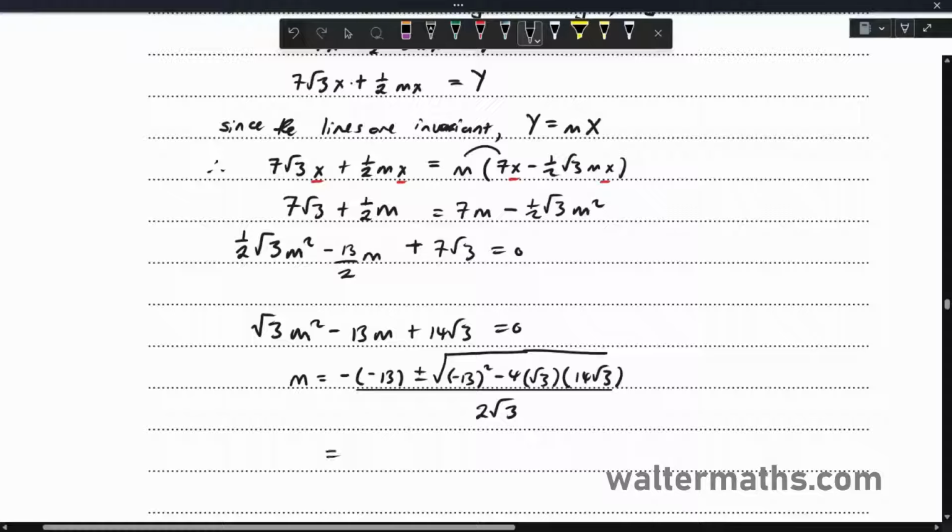So that's 13 plus or minus the square root of, inside the bracket, 13 squared is 169, minus 4 times root 3 times 14 root 3, which is 4 times 14 times 3, and that's 168, all over 2 root 3.